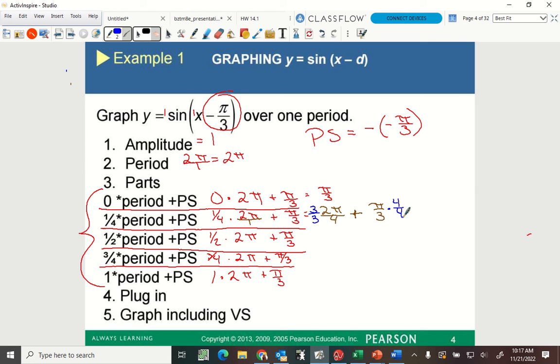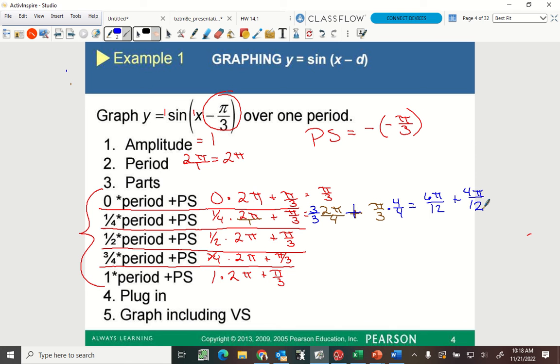So on the left side, it's going to be 3 times 2 pi is 6 pi, 3 times 4 is 12. Plus sign right there. Then 4 times pi is 4 pi over 3 times 4, 12. Now I can add those together because they have a common denominator and they both have pi.